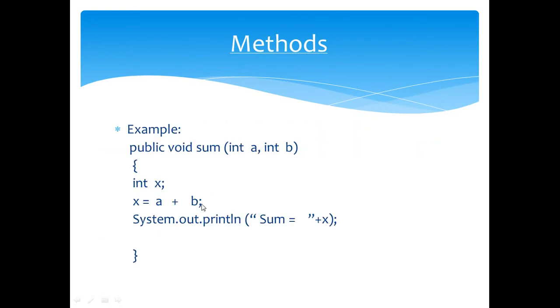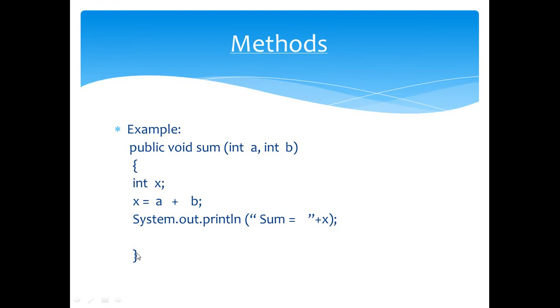Here is a simple example that demonstrates the use of a method. Here the access specifier is public and this method never returns any value, that is why I am using the return type void. Here the name of the method is sum, and I declare two variables, int a and int b. a and b are actual arguments or parameters.